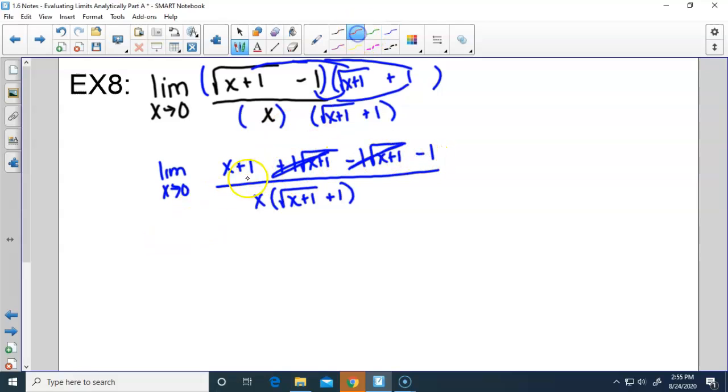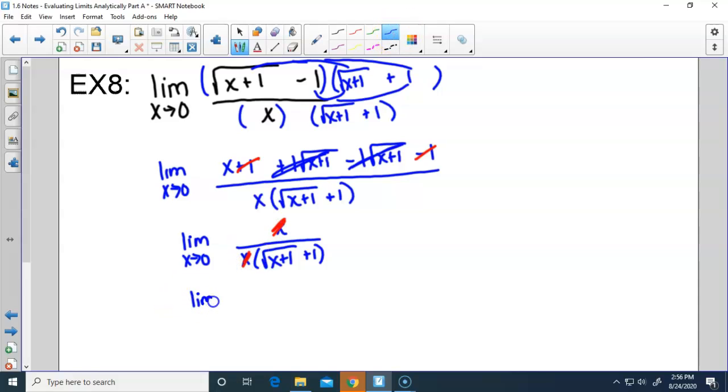So that positive 1 and the negative 1 are going to cancel each other out as well. So that just leaves me with the limit as x approaches 0 of x over x times the square root of x plus 1 plus 1. And you should see now that these x's will cancel.